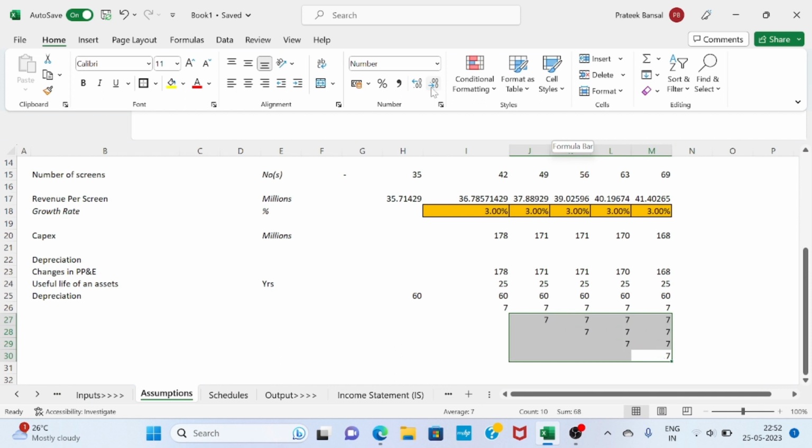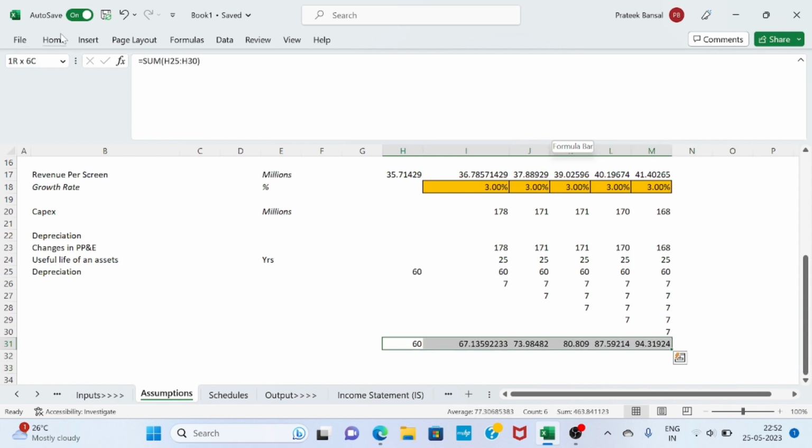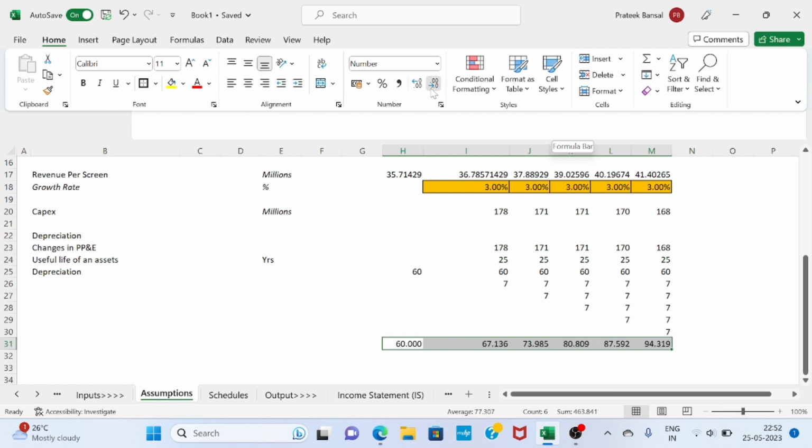Now if I do a total of the depreciation, I will get a total of this amount. This is the total depreciation for the future years.